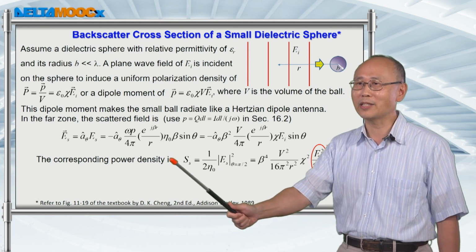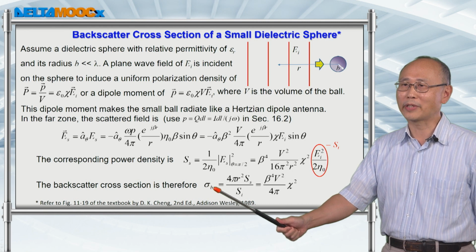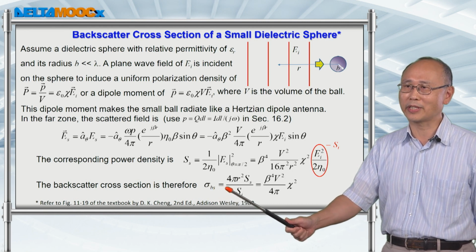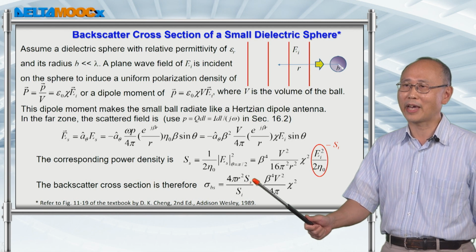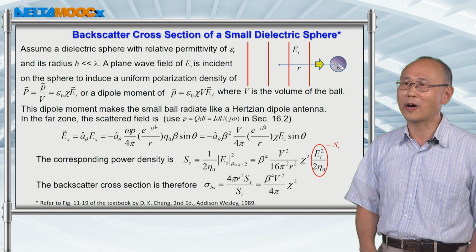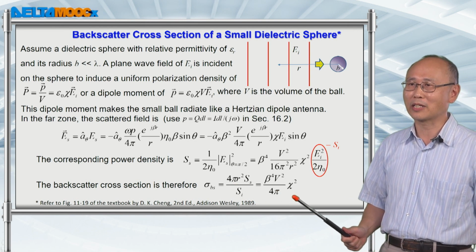With S_S and S_I available, you can calculate the backscatter cross-section, or radar cross-section, by taking the ratio of S_S to S_I and multiplying this term with 4 pi r squared. In the end, you'll be given by this expression.